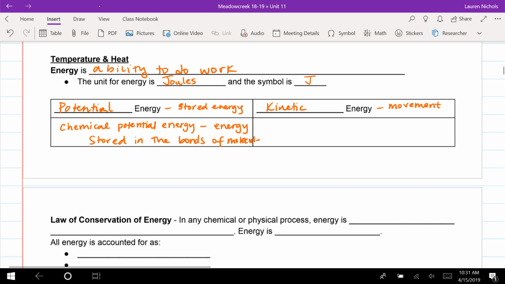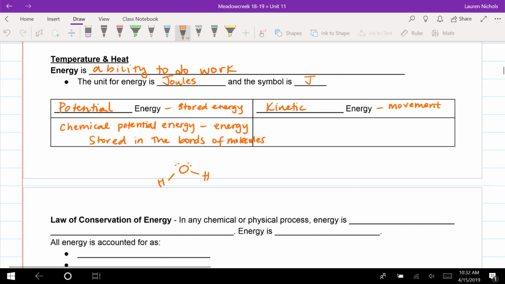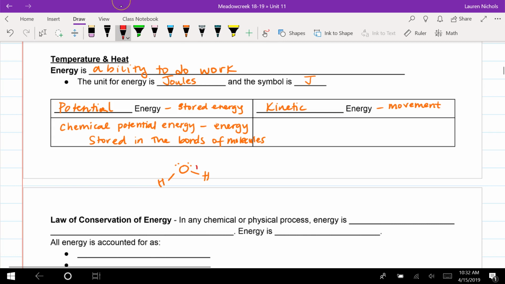For example, if this is my water molecule, then there is energy in this bond here. In order to break it, you have to put energy into it, but when the bond breaks, it will actually release energy out into our system.